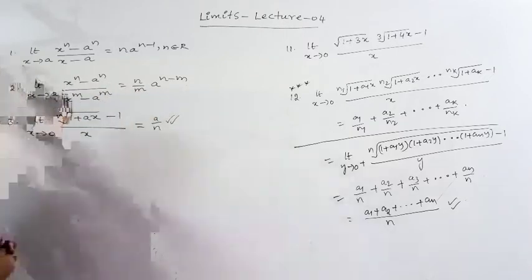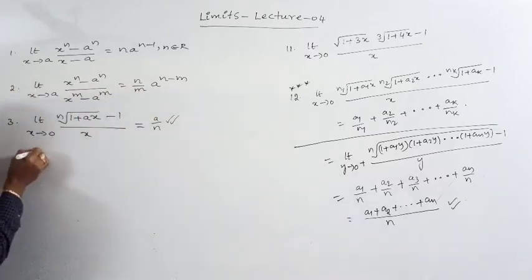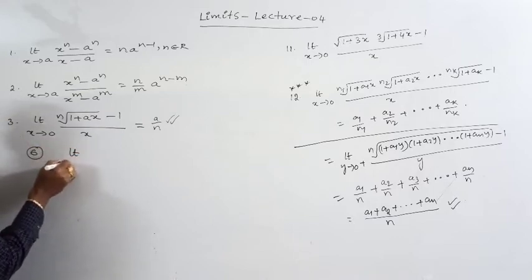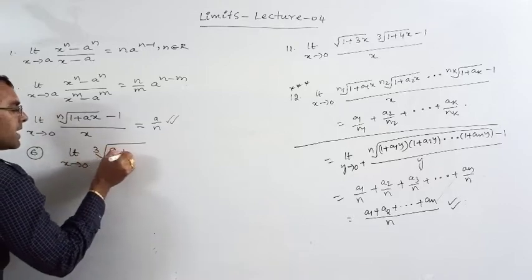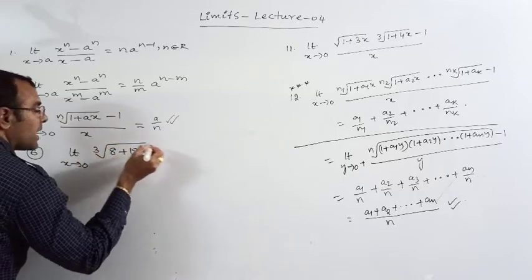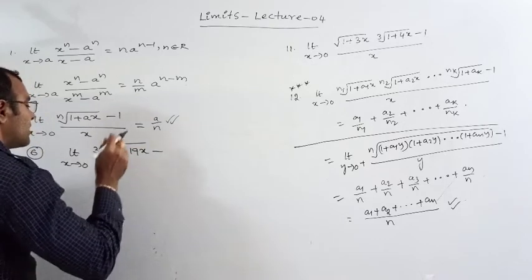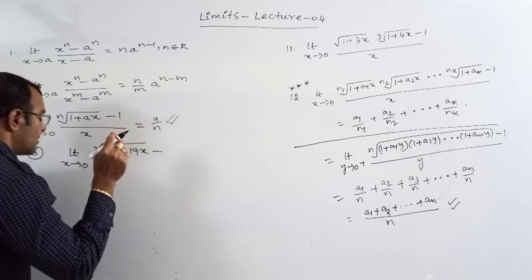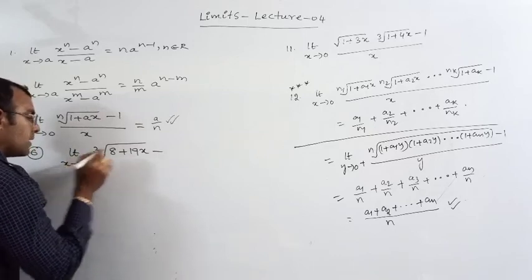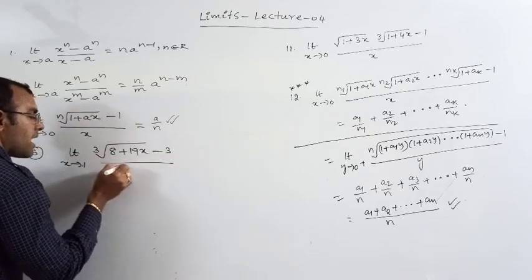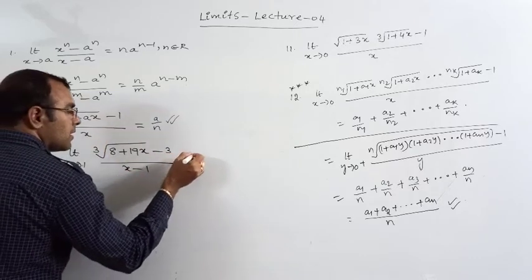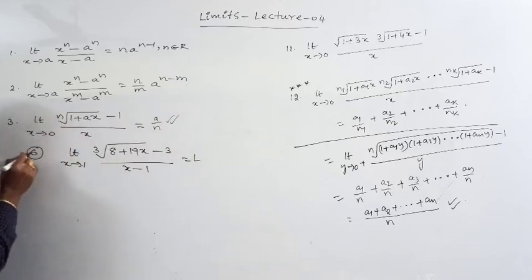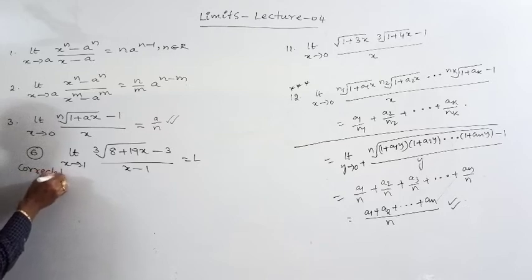So the sixth question has a little correction: limit x tends to 1, cubed root of 8 plus 19x minus 3, by x minus 1. This is the corrected question. The previous one is wrong.